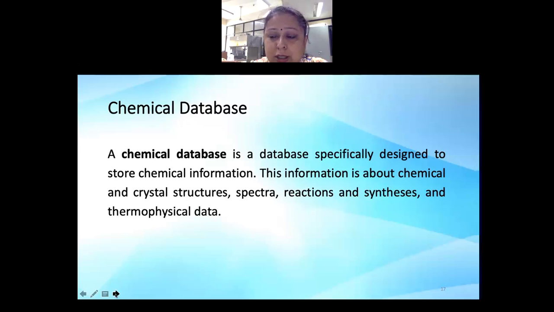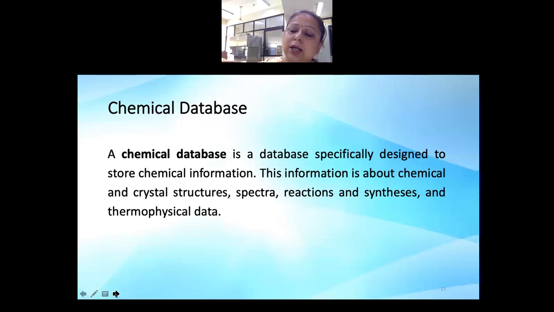So from biological databases, we now come to the chemical databases. So what is a chemical database? A chemical database is a database specifically designed to store chemical information. This information is about chemical and crystal structures, spectra, reactions and synthesis, and thermophysical data.